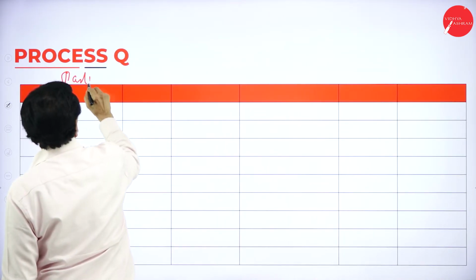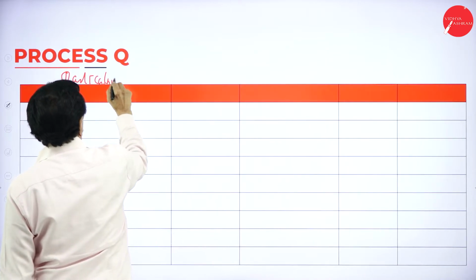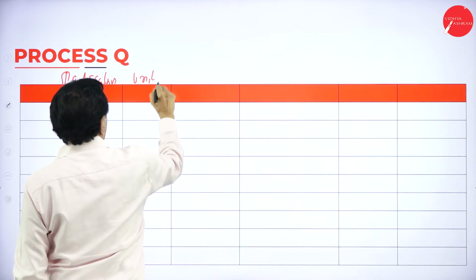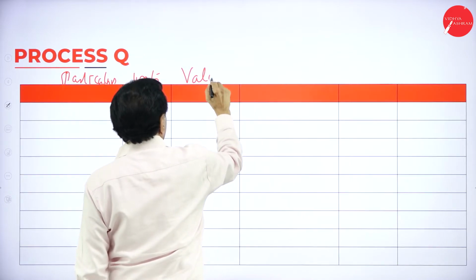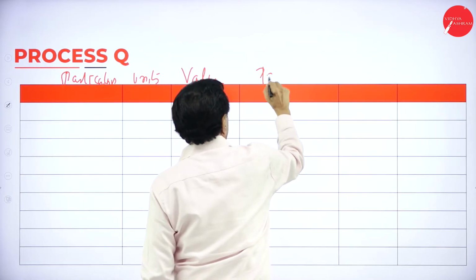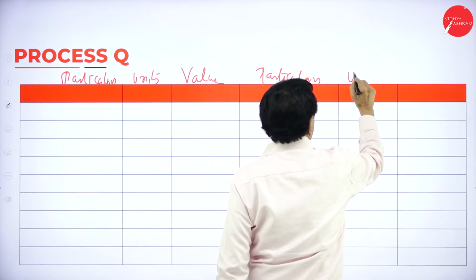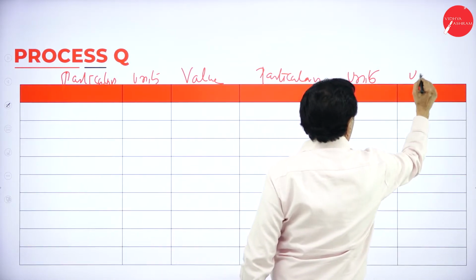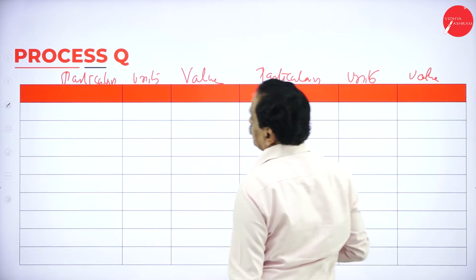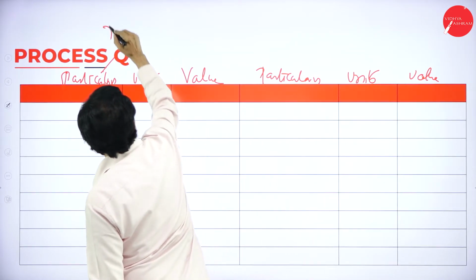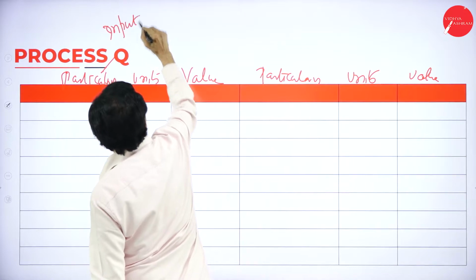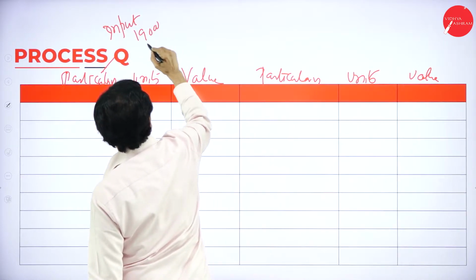Particulars, units, value. Particulars, units, value. Here input 19,000 units.